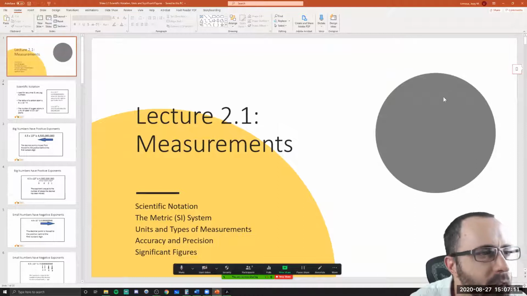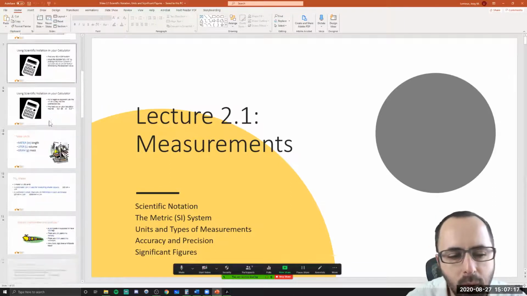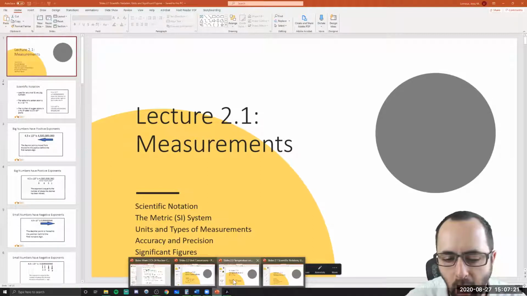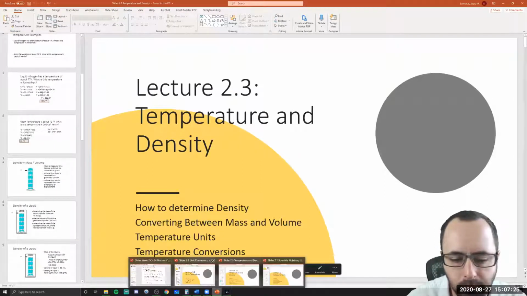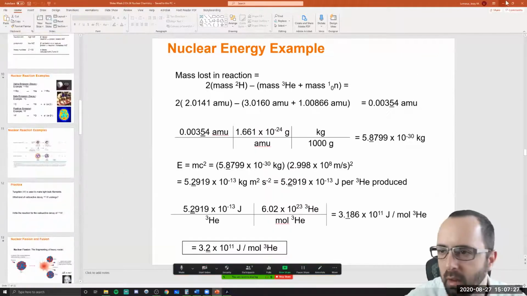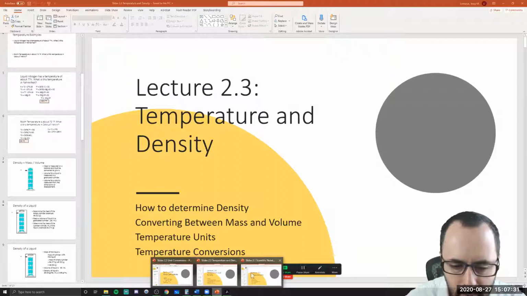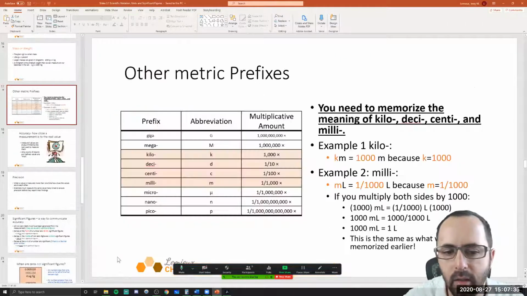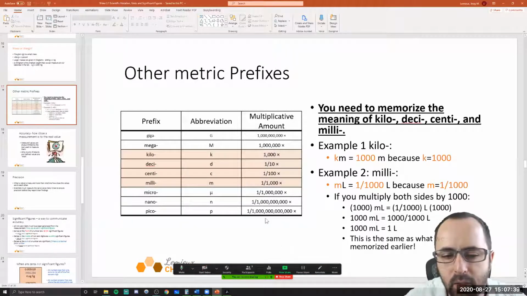Where can you find a good conversion sheet? Okay, so for conversions, the only ones that you will need that I will not provide to you with the problem are the ones highlighted in orange here.